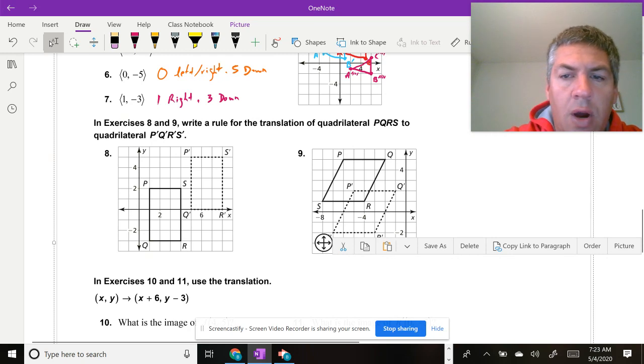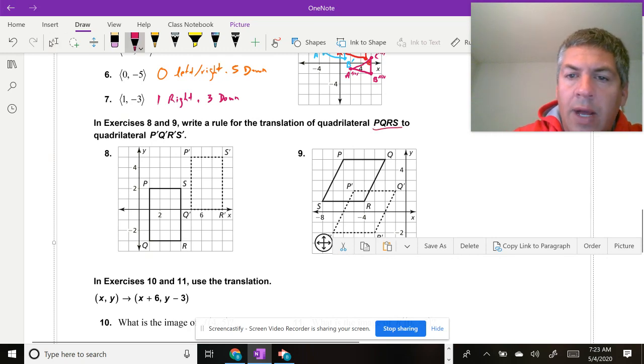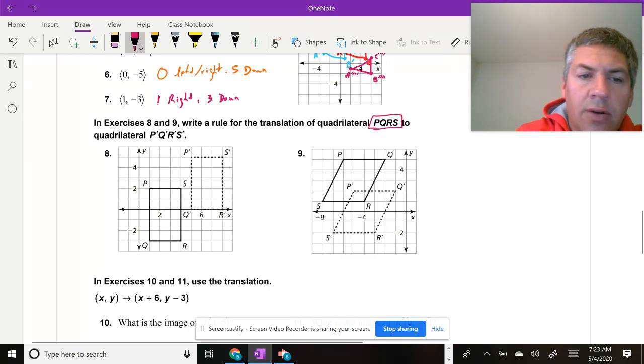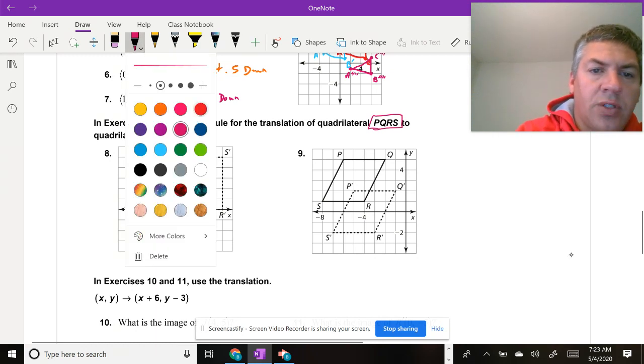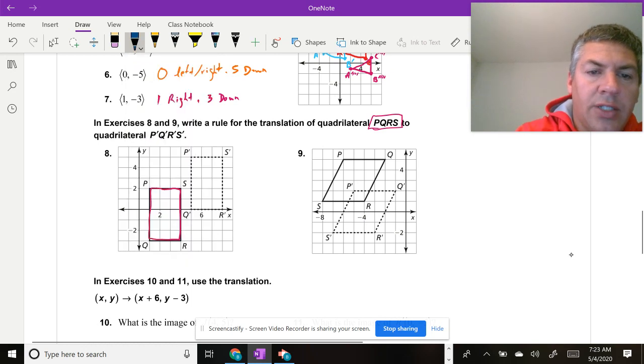So PQRS, the one without the prime values here, is going to be the solid rectangle, and that solid rectangle gets moved to P prime, Q prime, R prime, S prime. Okay, so in our picture, that quadrilateral gets moved to right here.